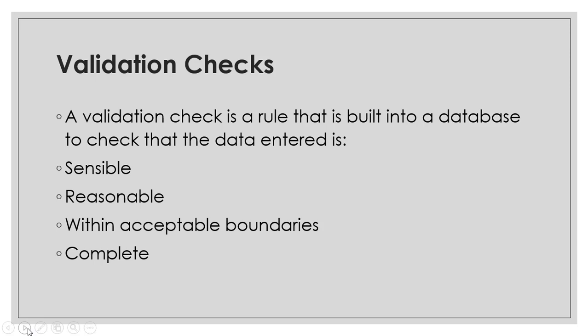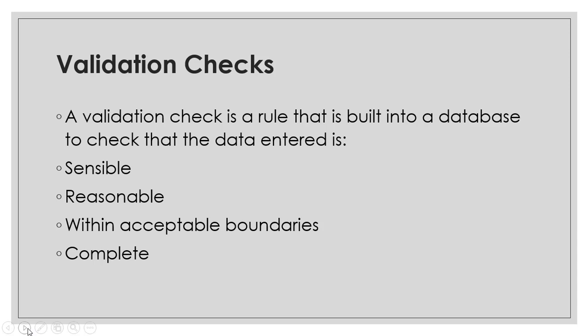Now, there are different validation check methods that you can use, or validation check rules. A validation check is a rule that is built into a database to check that the data entered is valid, is sensible, is reasonable, is within acceptable boundaries, and complete.